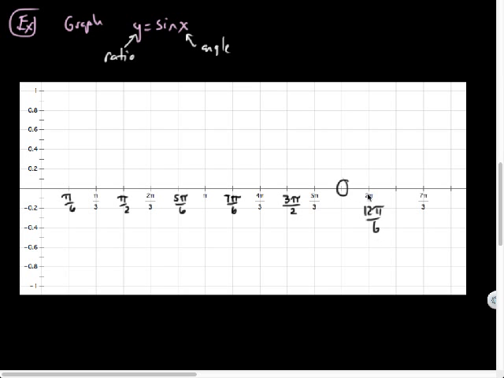So this one must be 1 pi over 6 less than that, or 11 pi over 6. Does that make sense? When I write 11 pi, I almost want to make it like one big pi. But that's not what it is. It's 11 pi over 6. There we go.